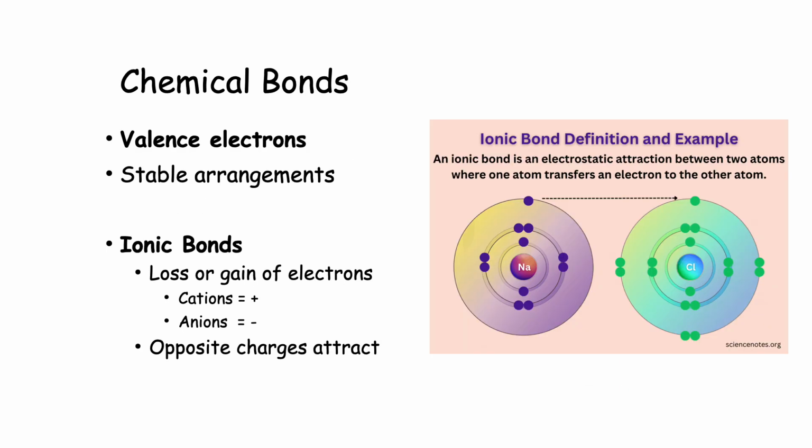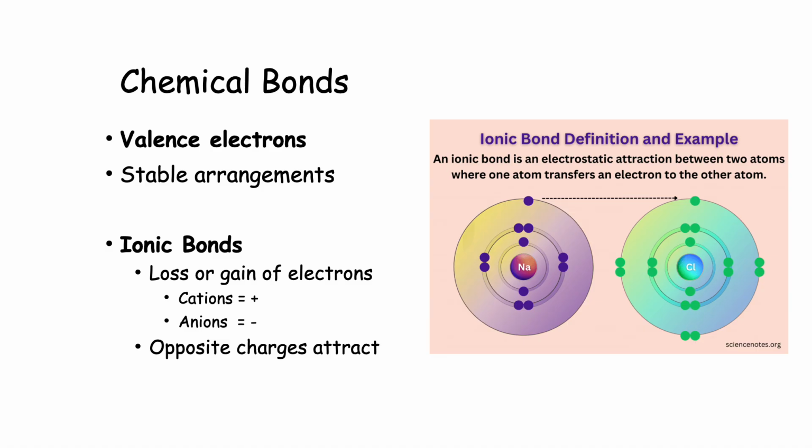Chemical bonds occur when atoms share or exchange electrons with other atoms. The electrons they exchange are the outermost ones called the valence electrons. Sometimes, to get a stable arrangement of electrons, it's better to do that than to have a neutral charge. And so sometimes atoms get rid of an electron or they gain an electron to fill an orbital.